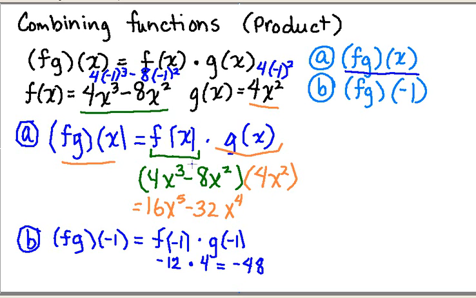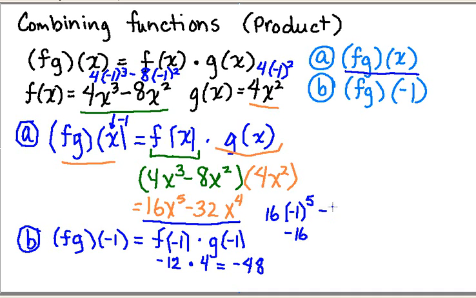Alternatively, I could have gone to (fg)(x) and plugged in a -1 here in the final function. I've already calculated (fg)(x) and ended up with this. So if I go to this function now and plug in a -1 for x, I should get the same answer. So I'm going to get 16 times (-1) to the 5th. (-1) to the 5th is just going to give me a minus 1 times 16, which gives me a minus 16.